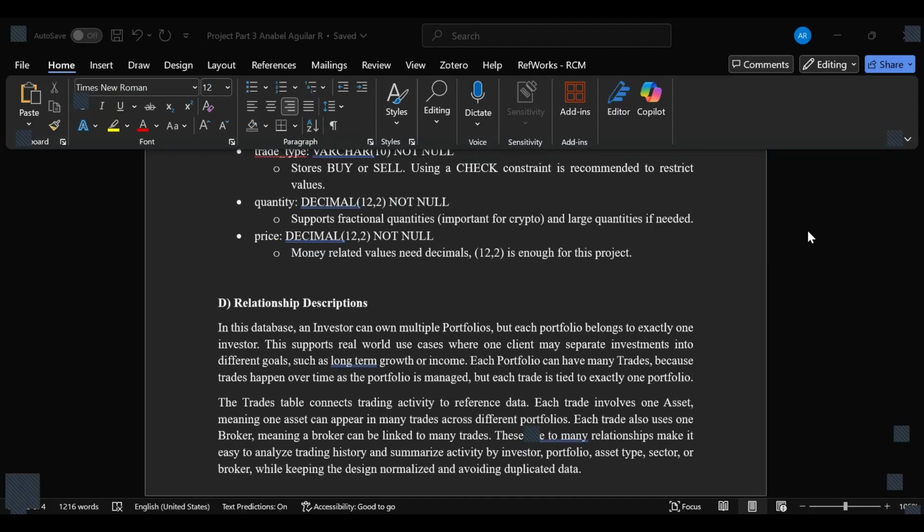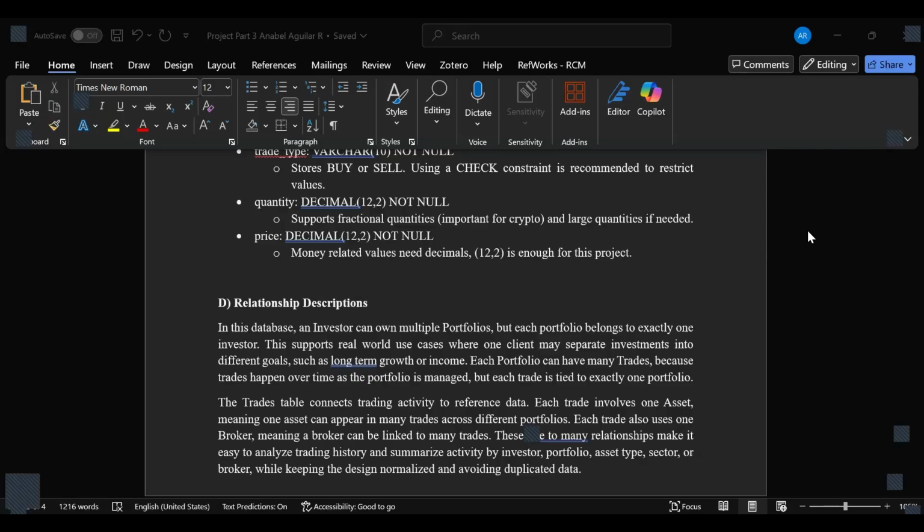The trades table connects trading activity to reference data, and each trade involves one asset, which means that one asset can appear in many trades across different portfolios.